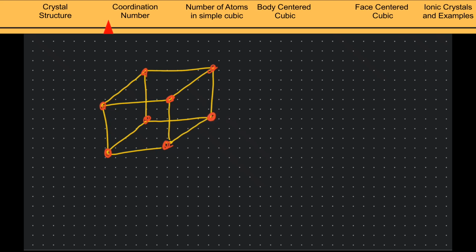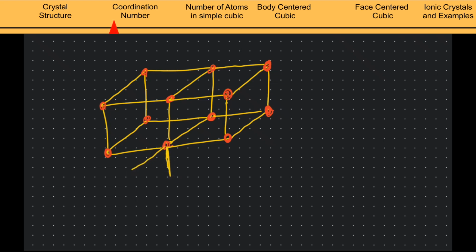I want to draw one more unit cell here. Okay, I will draw the simple cubic structure again. And look at this atom, okay? This is an important atom.